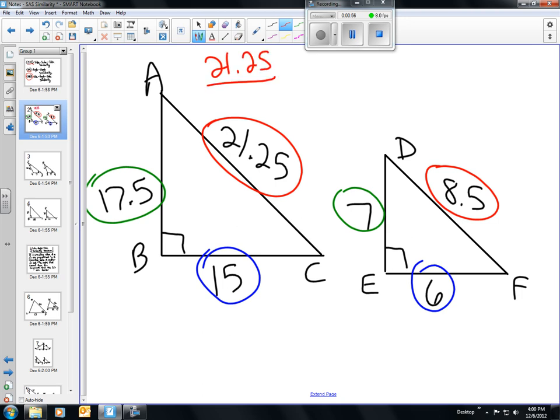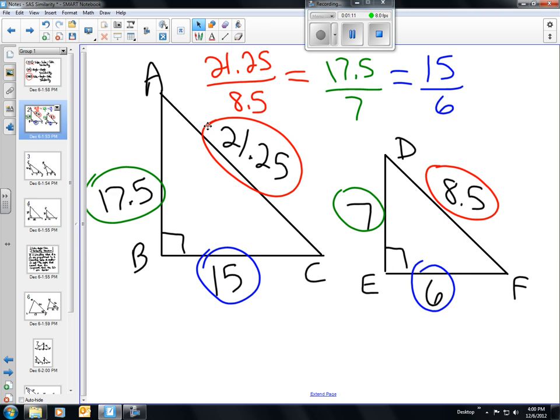21.25 over 8.5. That's got to be equal to 17.5 over 7, and that's got to be equal to 15 over 6. Now when you do the ratios there and you divide each of those, you'll get that the ratio is actually 2.5 for each of them, the red, the green, and the blue.